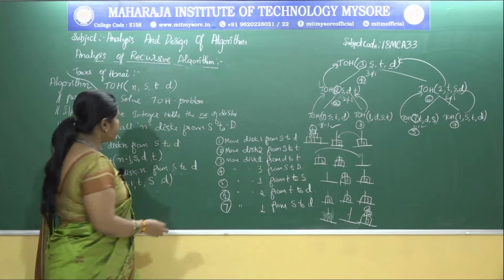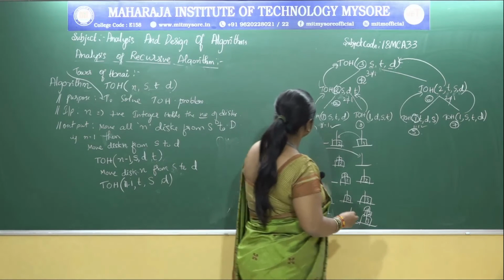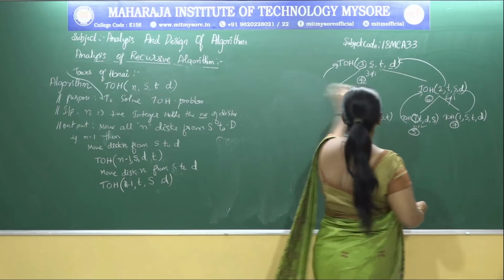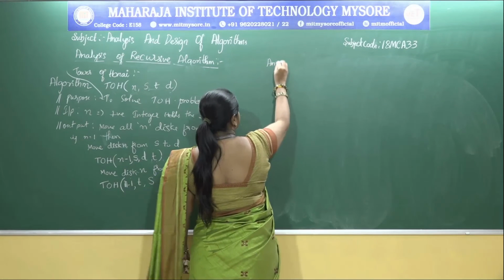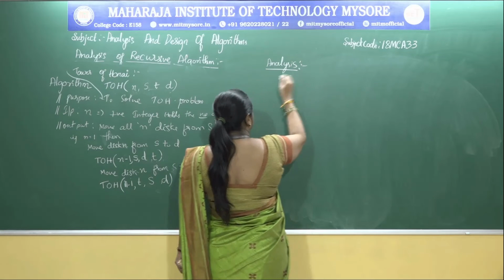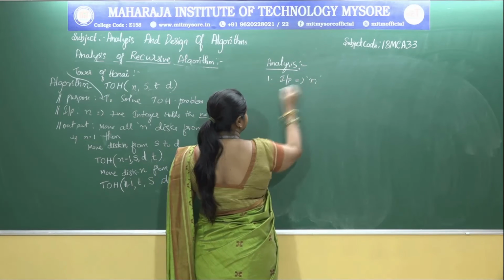Okay. So now let us analyze the algorithm and find out whether it yields the same number or not. For analysis, first step, the input, that is n disks, right?